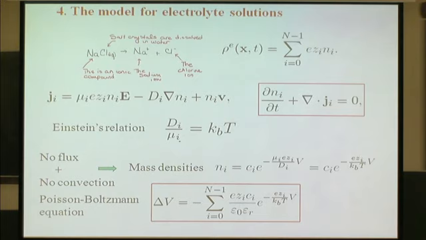So you have that the electrostatic problem reduces to Laplacian of V equals the total charge, which is some sum of constants and exponentials of the potential. You get a nonlinear elliptic PDE, which is called the Poisson-Boltzmann equation. So now the question is, if you solve this equation and you find the potential, what is going to be the distribution of charges inside the drop?